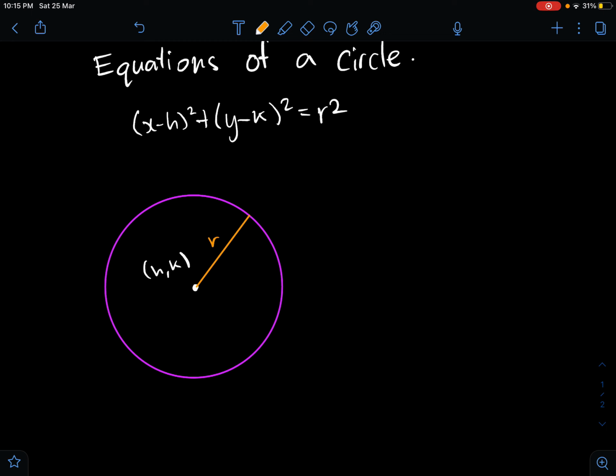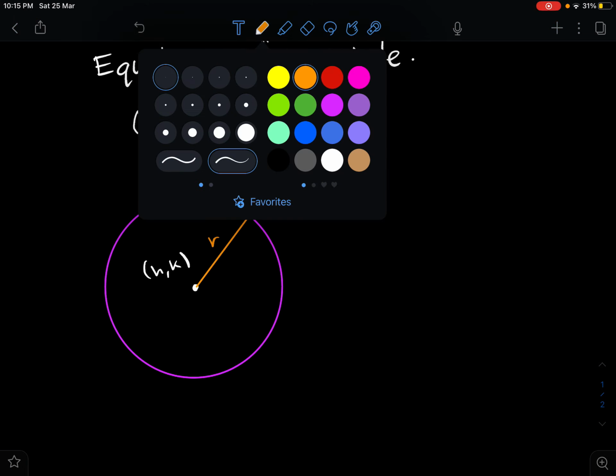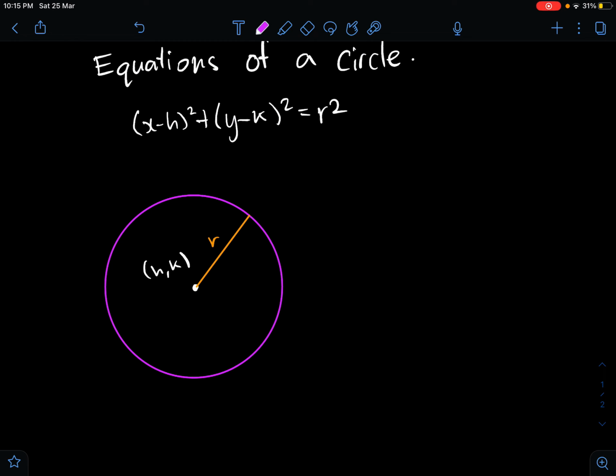So, perfect. Now, how do we actually work out what that distance is? Well, we've just said this is a set of points, so we'll define one of these points. We'll say up here, this is x, y. Just a very general point.